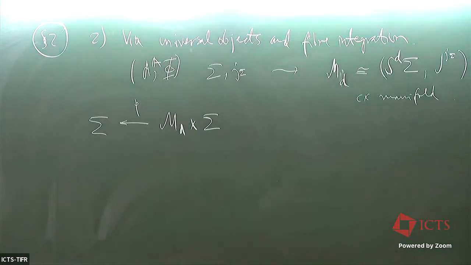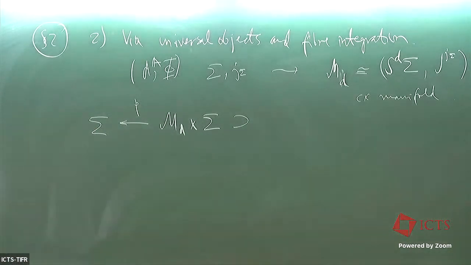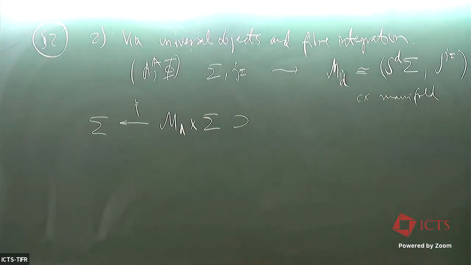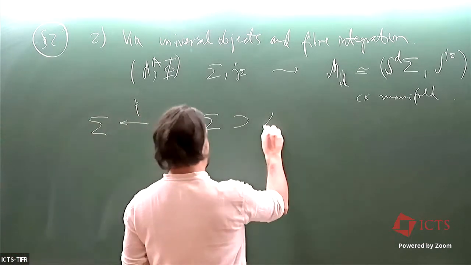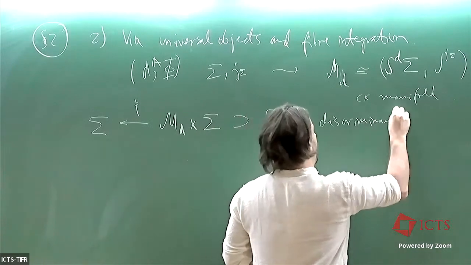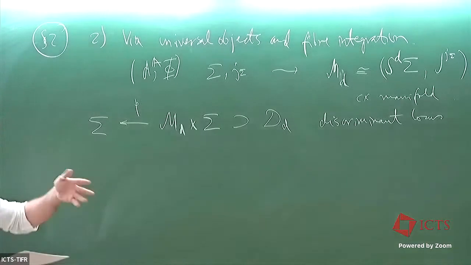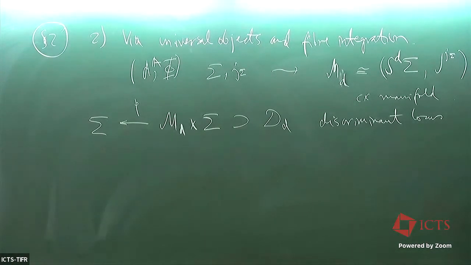Now the thing that is important is that there's going to be a divisor here, which I'm going to call the discriminant locus. If you like, it's a subvariety of complex codimension 1.